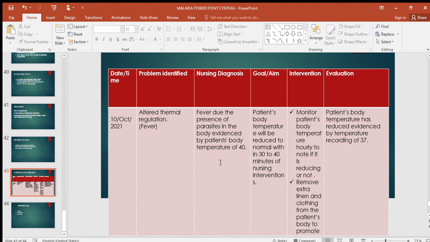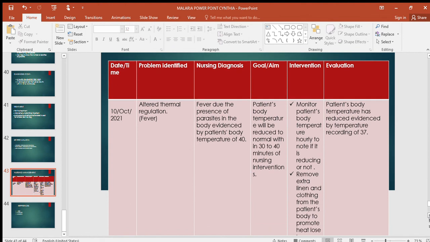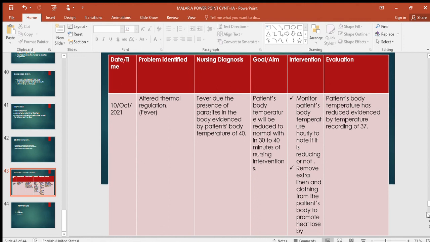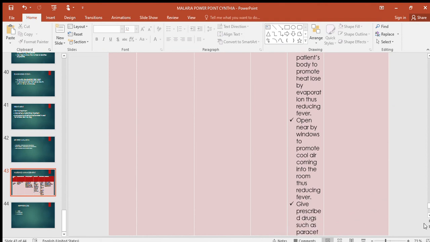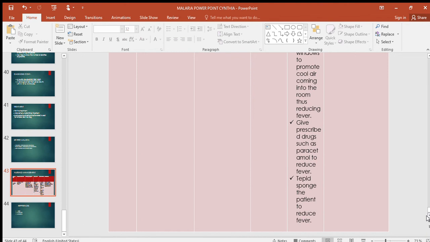So this is just showing you how you can write your nursing care. So in the next lesson, we'll also look at the specific nursing care that you are going to give a patient with malaria. As a nurse, we want to make sure that we are giving specific, quality nursing care to our patient.